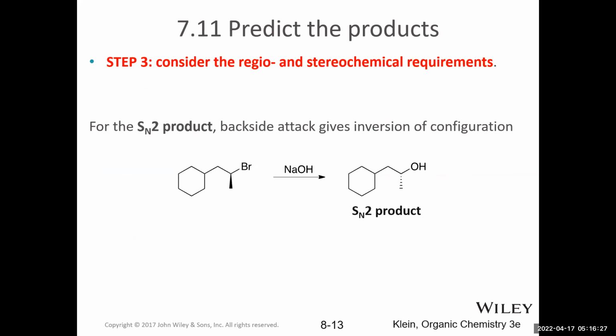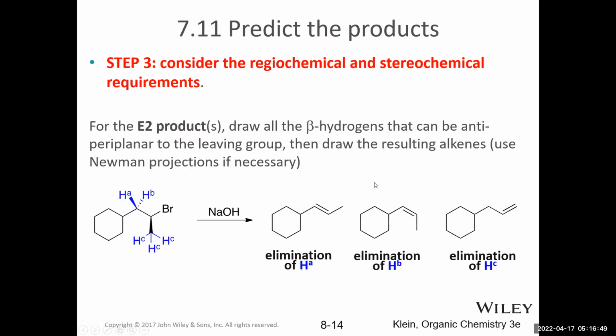Now that we know that SN2 products are possible and E2 products are possible, we need to start drawing those products. For the SN2 product, remember that backside attack gives inversion of configuration. So as we replace the leaving group with the incoming nucleophile, we also want to make sure to show inversion of the stereocenter. For the E2 products, remember that an anti-periplanar transition state is required.